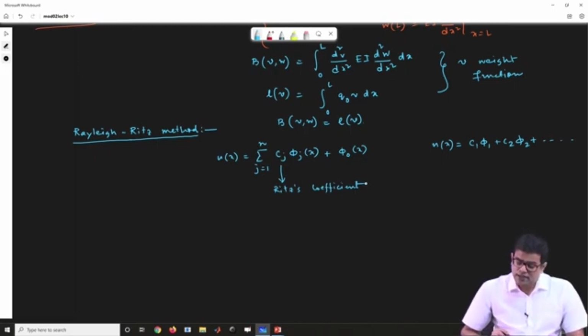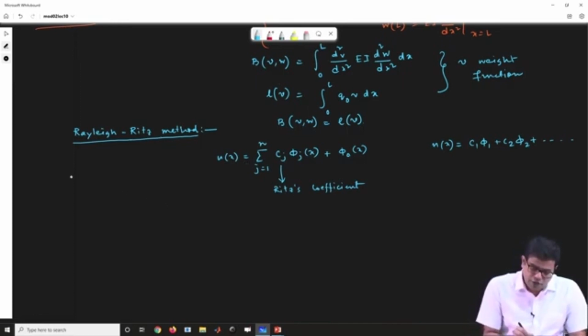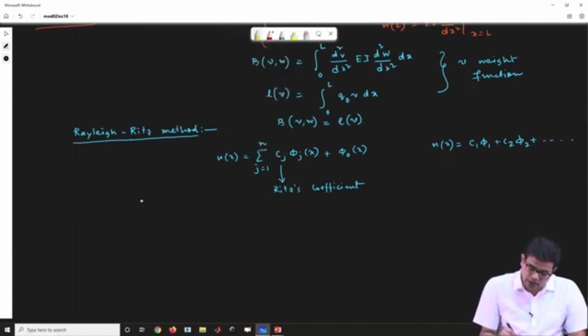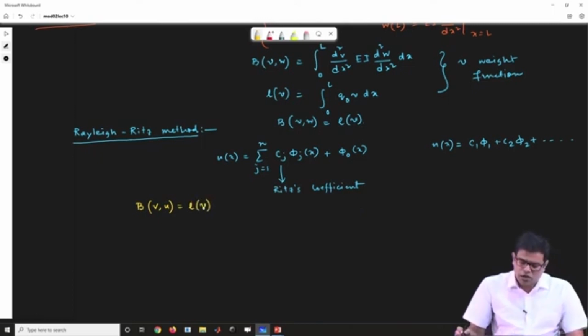Now if I put this in the weak form, let us consider our weak form is of this form: b of v comma u equals L of v. Now in the weak form, we have to choose the weight function v.